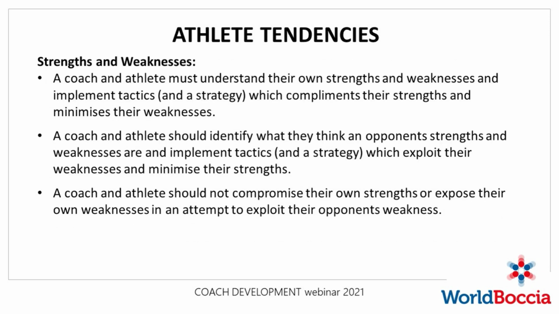So if we look at strengths and weaknesses of an athlete, a coach and athlete must understand their own strengths and weaknesses and implement tactics and a strategy which complements their strengths and minimizes their weaknesses.